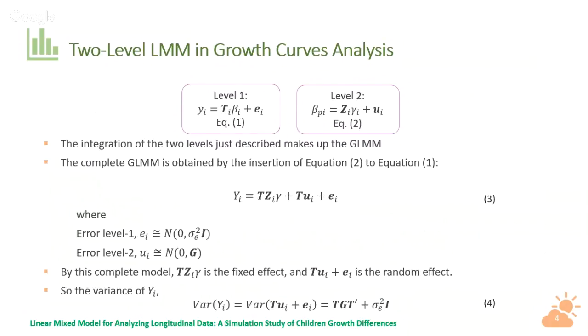Then we try to examine which variance covariance matrix is most suitable for longitudinal or repeated measurement data. The criteria to know which one is more suitable are the fit criteria indices such as minus 2 log likelihood, AIC and BIC. We can also use SBC, but in this paper we do not use it. We just use the three fit indices.